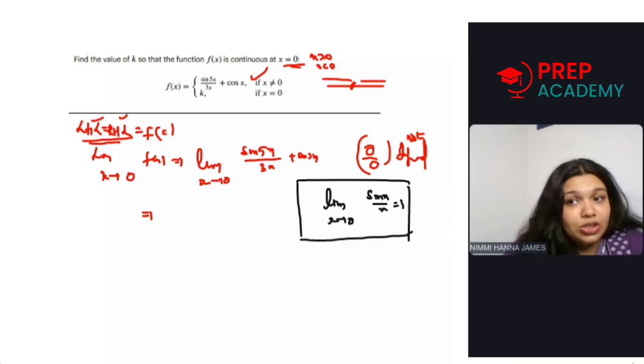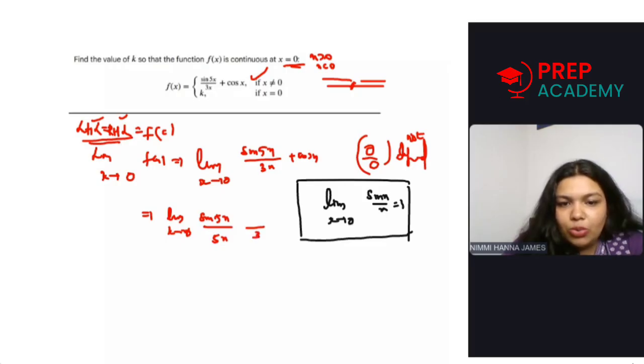If I multiply something to the denominator, I want to multiply to the numerator also. So limit x tending to 0 of sin 5x by 5x, I multiplied a 5 here and this 3 is removed over here, and on the numerator also I multiplied by 5, so 5 by 3, plus cos x.